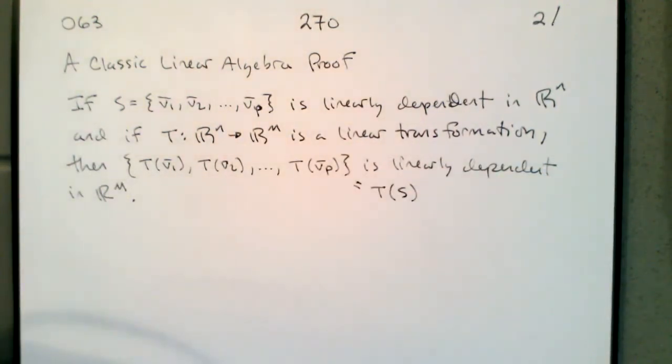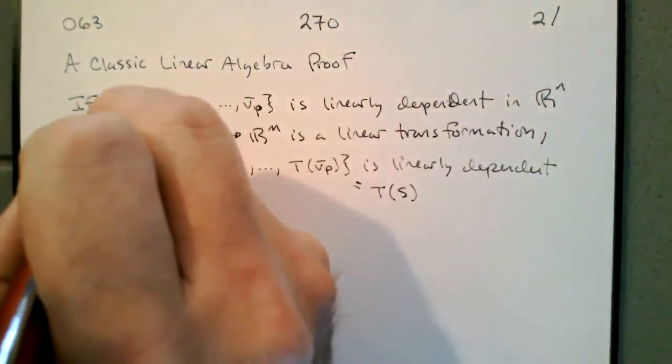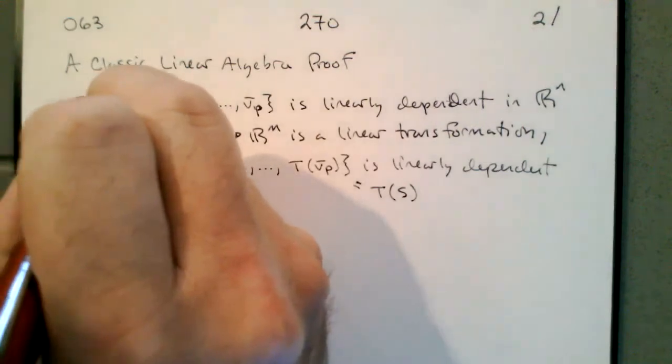So we're given information and that tells us some stuff. We have to look at what we want to show. And then we'll figure out how to take the given information and combine it together to get what we want to prove. So look at the given information that we have. We have that S is linearly dependent.